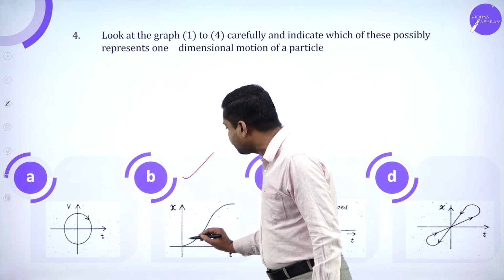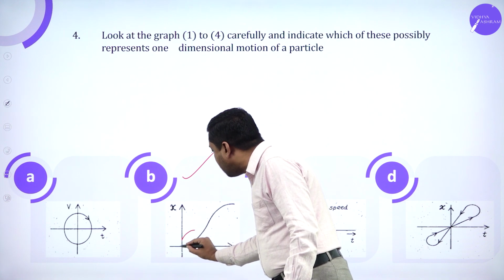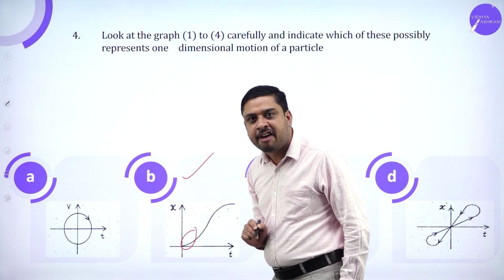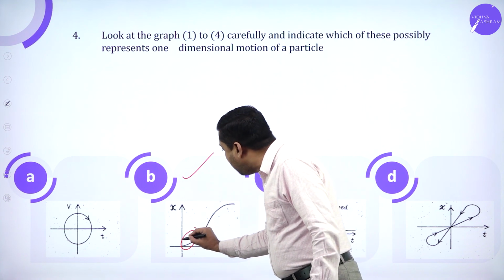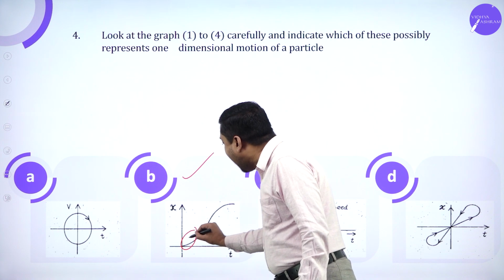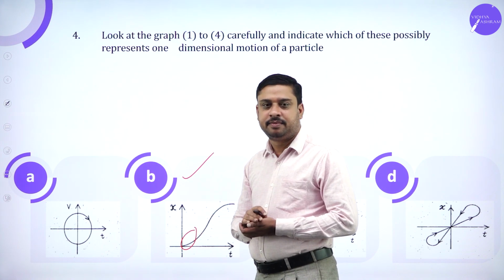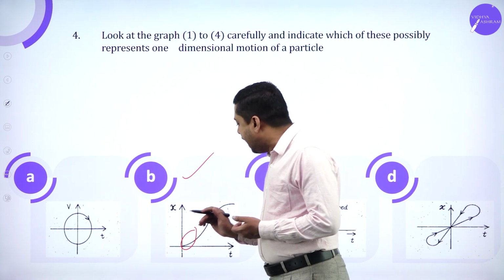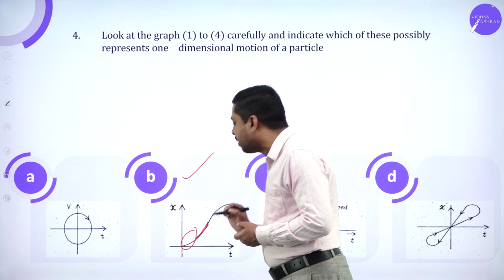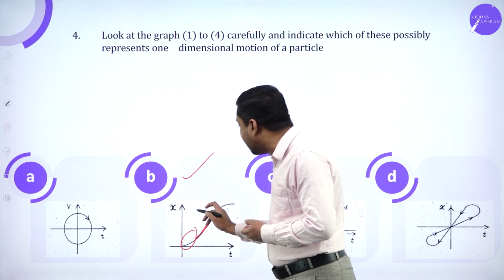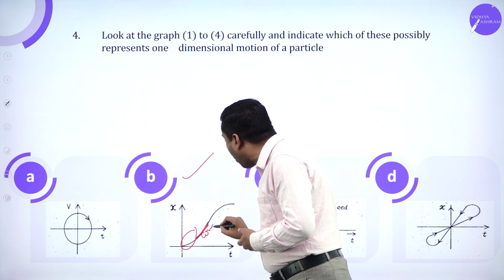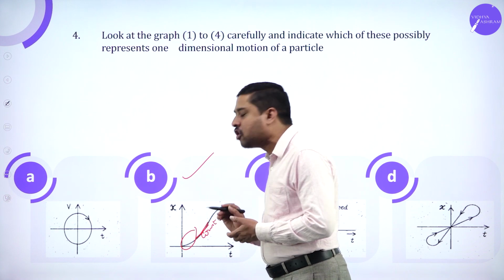Why? If you observe this part of the graph, the body is slowly accelerating. And in this straight portion, it is moving with constant velocity.